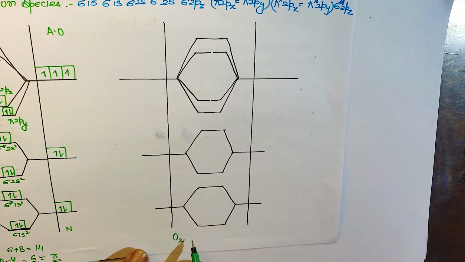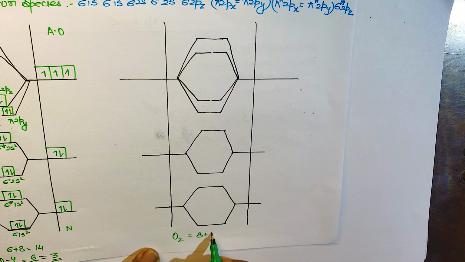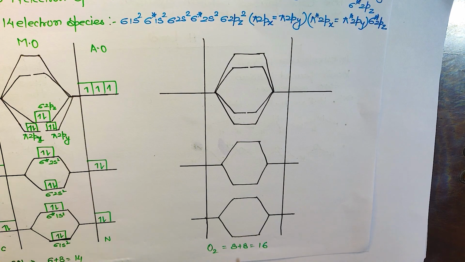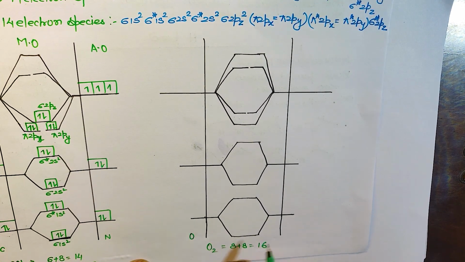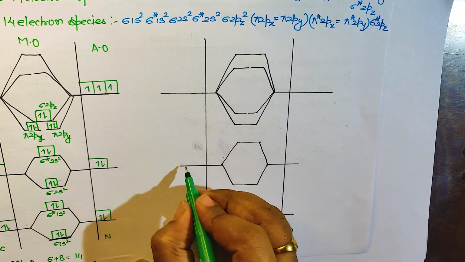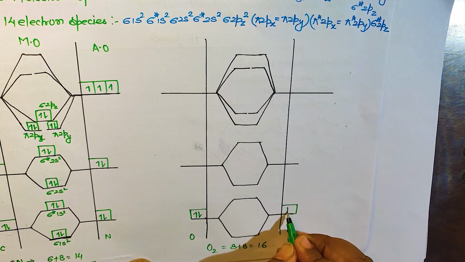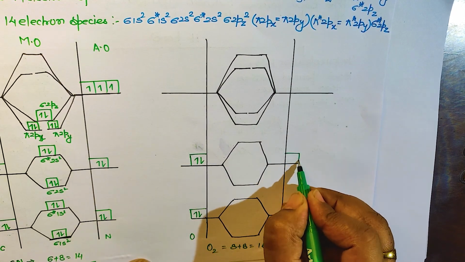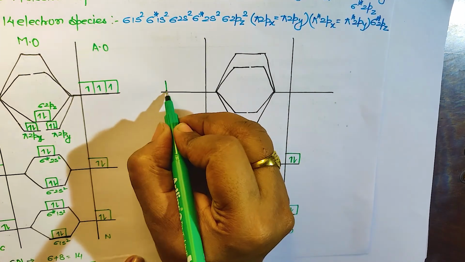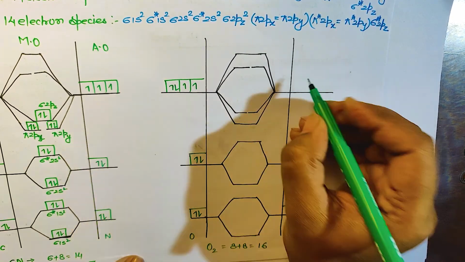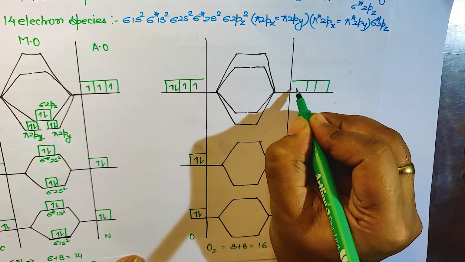Now let's do it for oxygen. Oxygen is 8 plus 8, 16. That means it comes under the species above 14 electrons. Here oxygen configuration is 1s2, 2s2, and 2p4. This oxygen will also have 1s2, 2s2, and 2p4, because it is homoatomic.